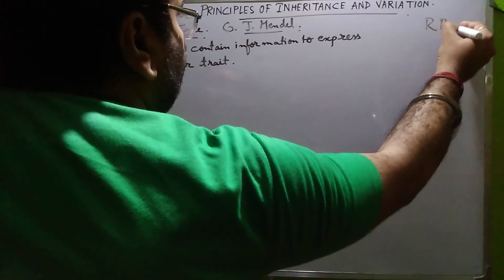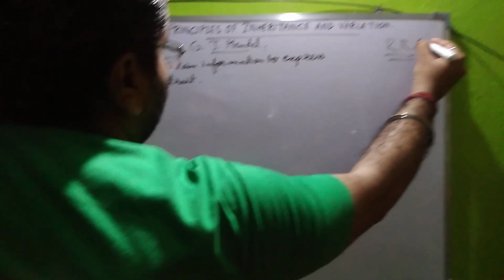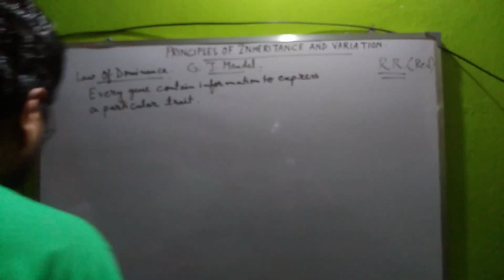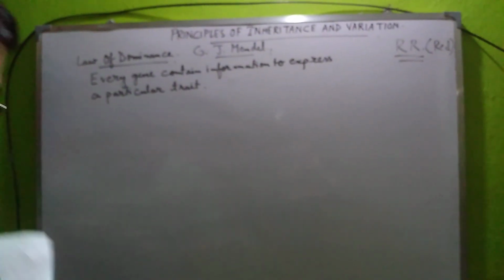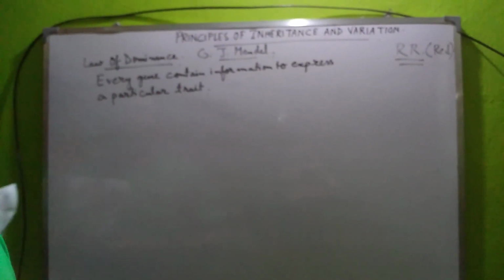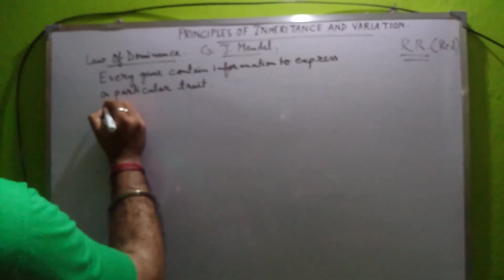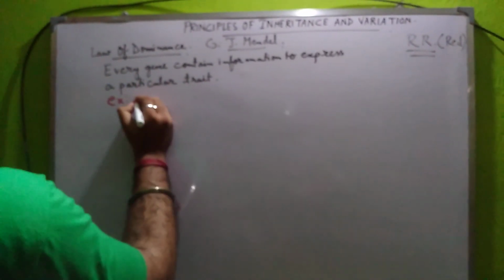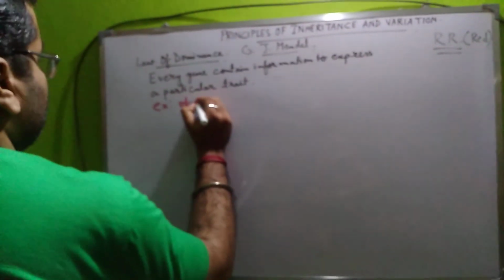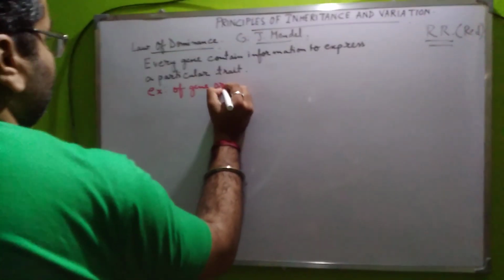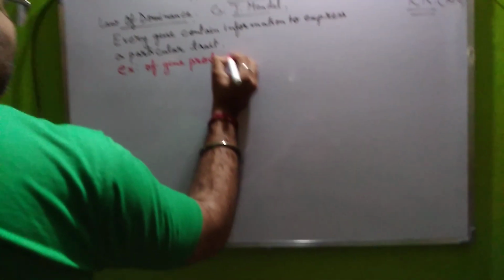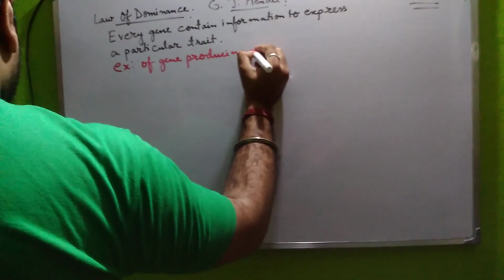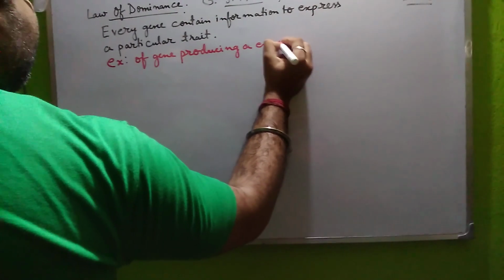Yes. Take for example, if I write down capital R and capital R, this suppose represents red, dominant red. So this is what this law actually tries to tell us. Now, one thing that we need to remember over here is, suppose we are taking an example of a gene producing an enzyme.